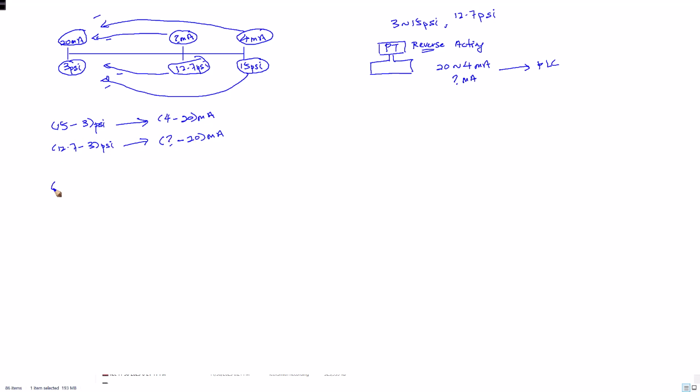That means 15 minus 3 psi divided by 12.7 minus 3 psi equals 4 minus 20 milliamp divided by the milliamp value minus 20 milliamp.